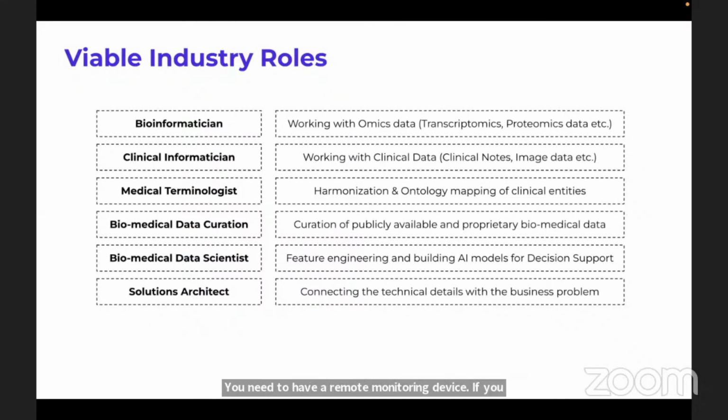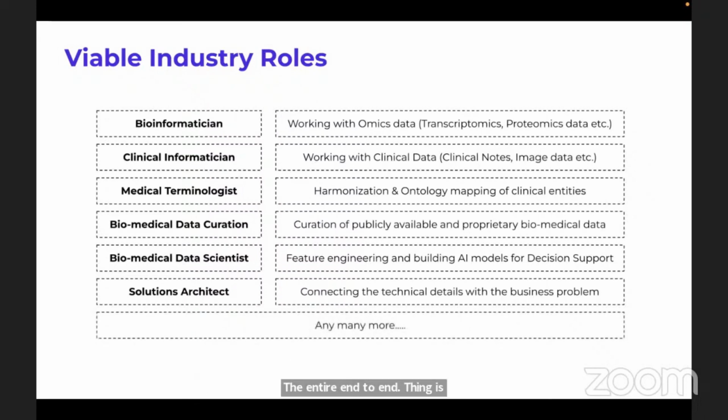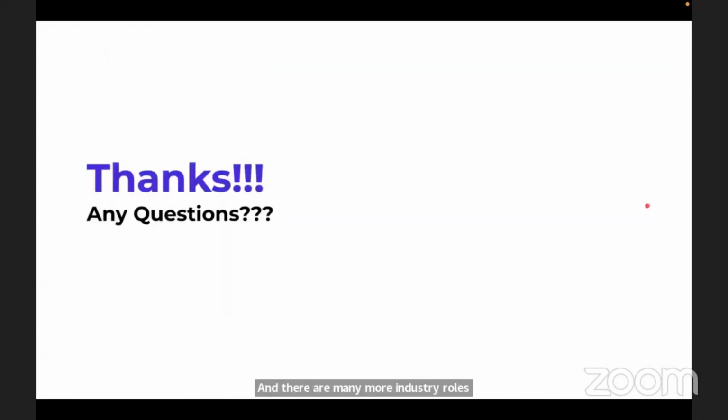These will be the models running maybe every minute or every 2 minutes, and there will be a notification on how that has to be sent. The entire end-to-end design falls under the domain of the solutions architect. And there are many more industry roles in health informatics.